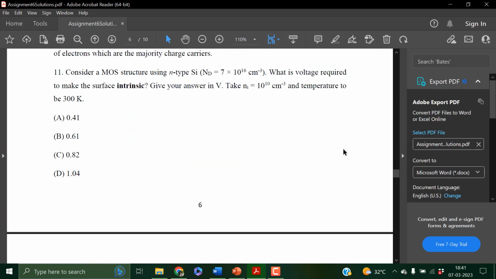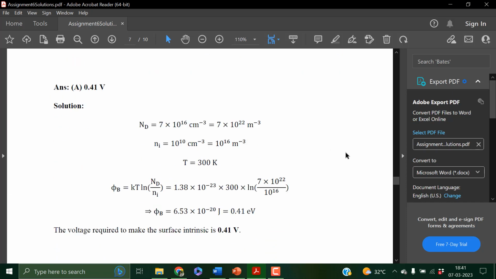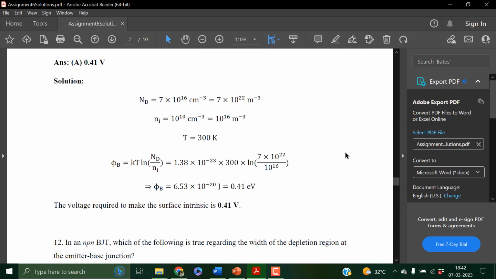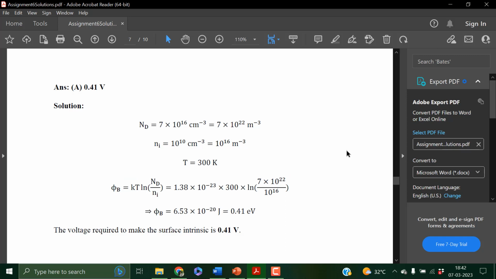I think we have to calculate phi S, ma'am. Are you sure it is phi S or phi B? We have to convert it back to intrinsic, right? I can give you a clue that it is phi B, and why it is phi B, you'll have to find out from your notes. I am not supposed to say.